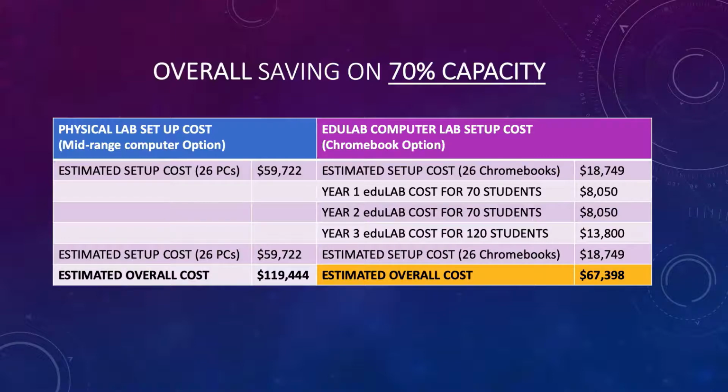So the second lab facilitating cost will be another $59,722 for a physical lab. And for EduLab, facilitating another set of Chromebooks will be $18,749. The total estimated overall cost of EduLab will be $67,398 versus physical lab of $119,440, a saving of 44%.